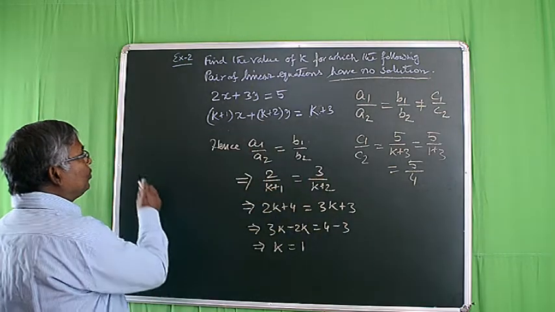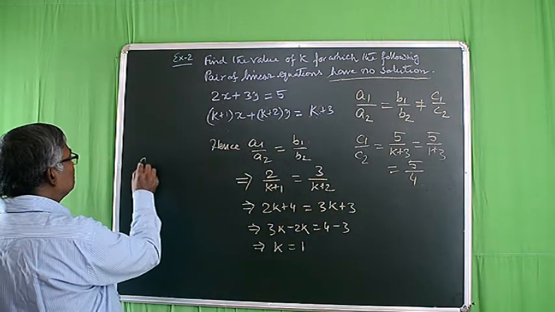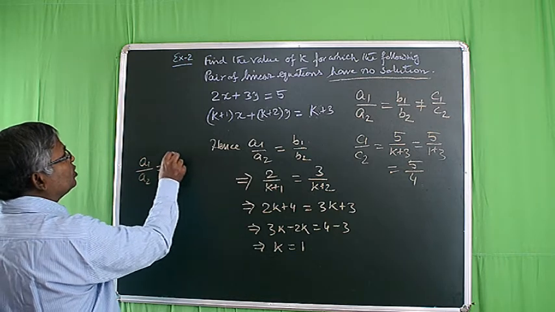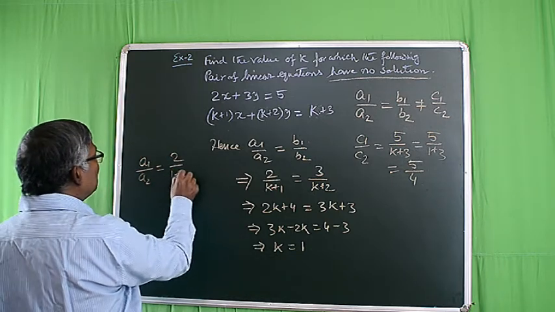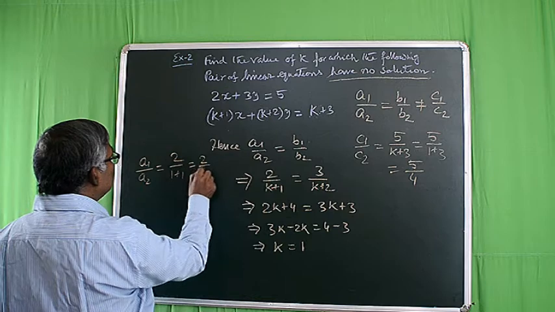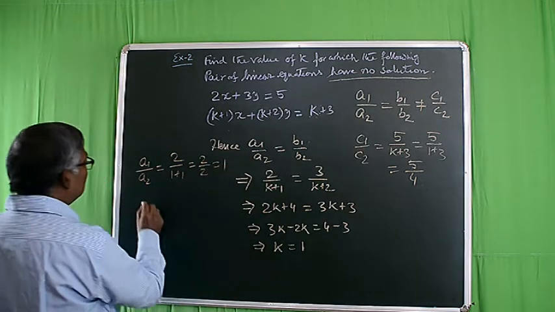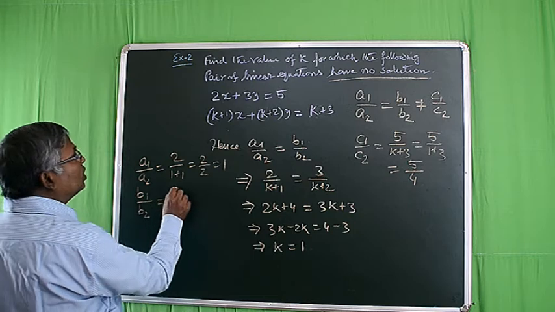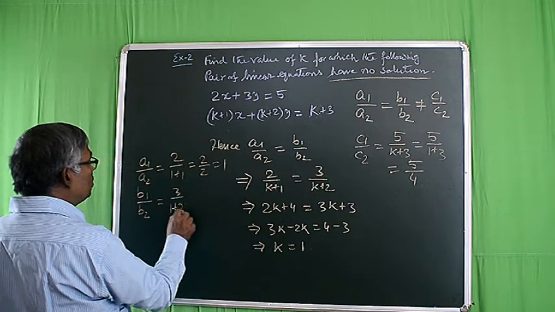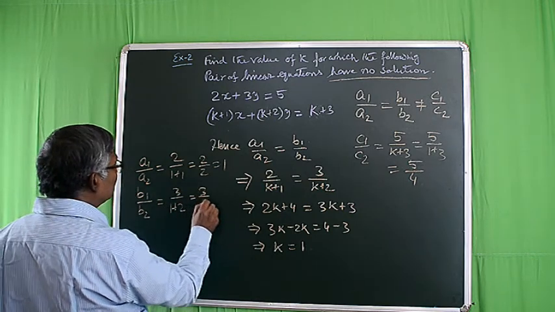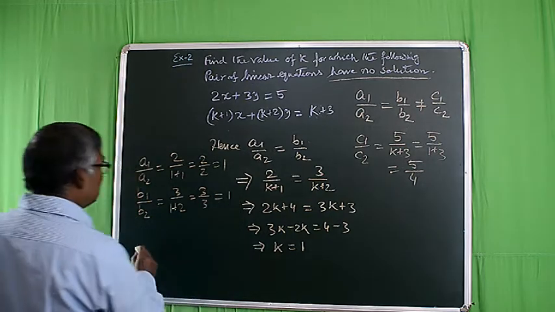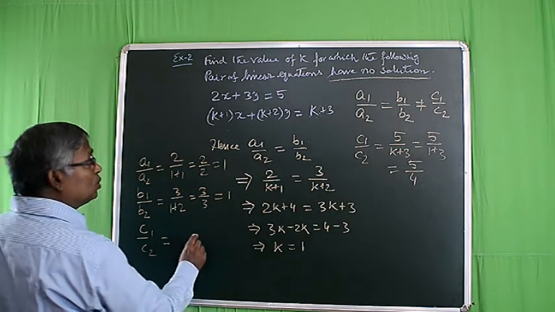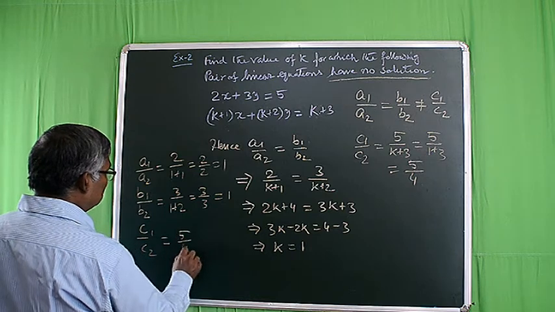Here see a1 by a2 means 2 by (1 plus 1), that is 2 by 2 equal to 1. b1 by b2 means 3 by (1 plus 2), that is 3 by 3 equal to 1, and we get c1 by c2 equal to 5 by 4.